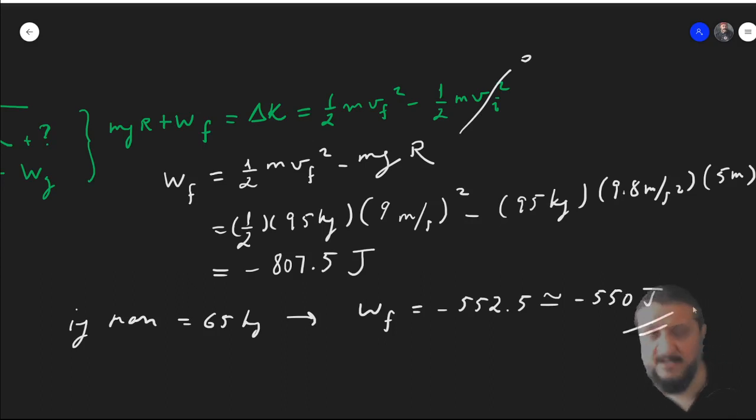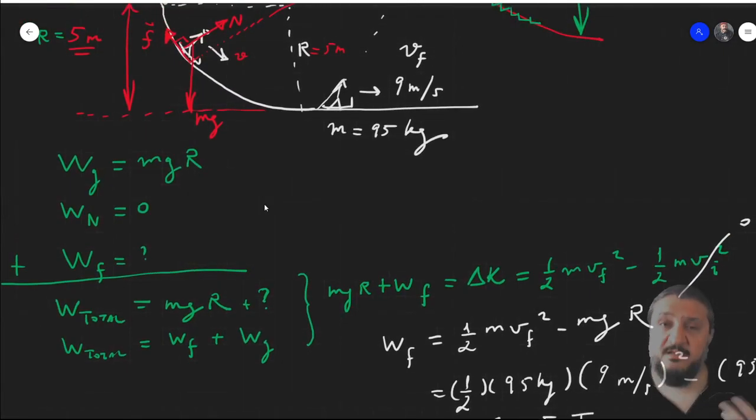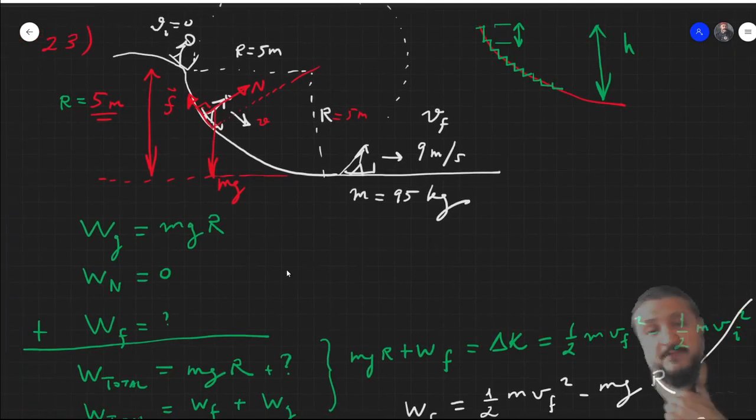So it said 65, but I read it as 95. That was the issue. Okay, so that's a very good problem where you apply both concepts of the work-energy theorem and the negative work done by friction, or energy dissipation.